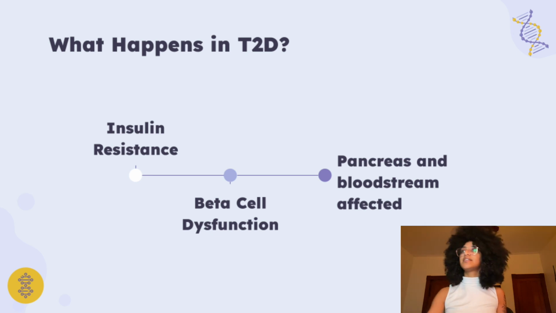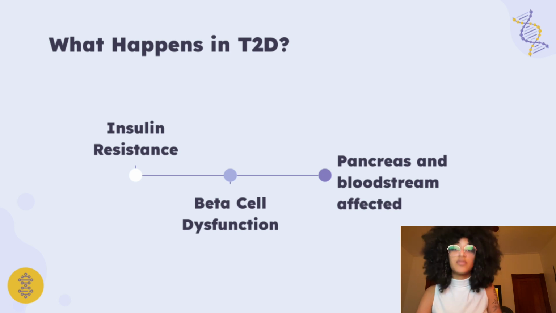So what happens in diabetes type 2, right? Mainly the insulin resistance, so the body cells become less sensitive to insulin, which is really important to regulate the glucose levels in the bloodstream. Beta cell dysfunction as well.